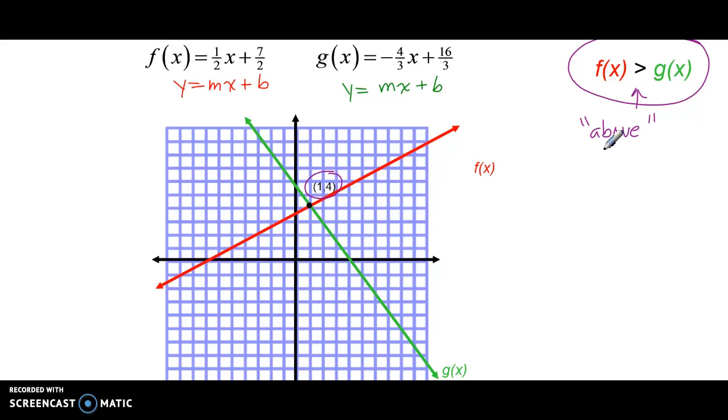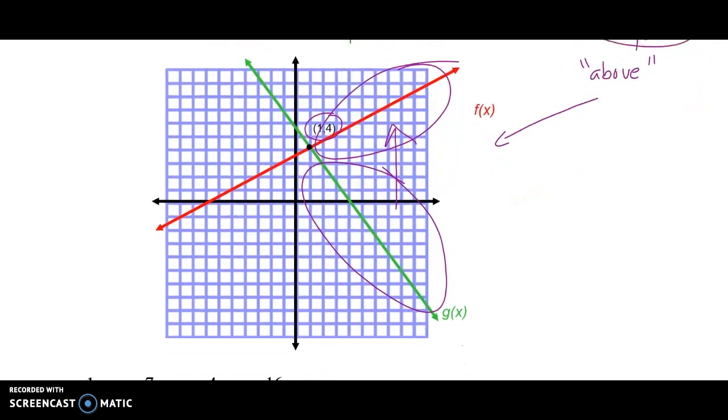And if you're trying to figure out where is the red graph above the green graph, this is not a math challenge, this is a visual challenge. Where is it above? Well, it's above here. Look, the red graph is above the green graph over there. The only thing you have to do beyond that very simple look and see technique is realize that this inequality we started with was an inequality about x, not about a graph.